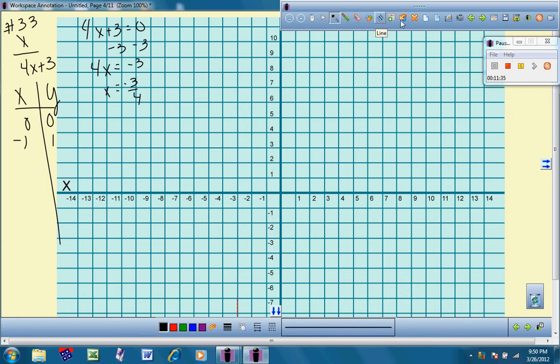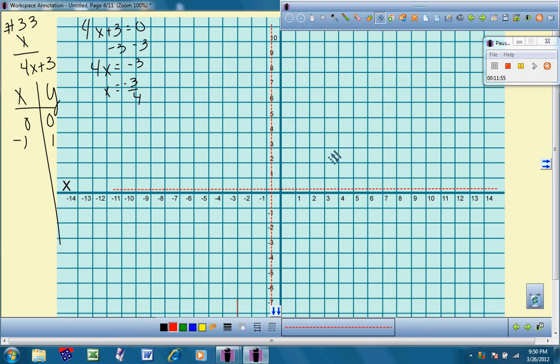Sorry about that, let me put that back in there, negative 3/4 is my vertical, and my horizontal asymptote is going to be 1/4, so not quite on the x-axis, just slightly above it. Alright, so now you can go ahead and find points.